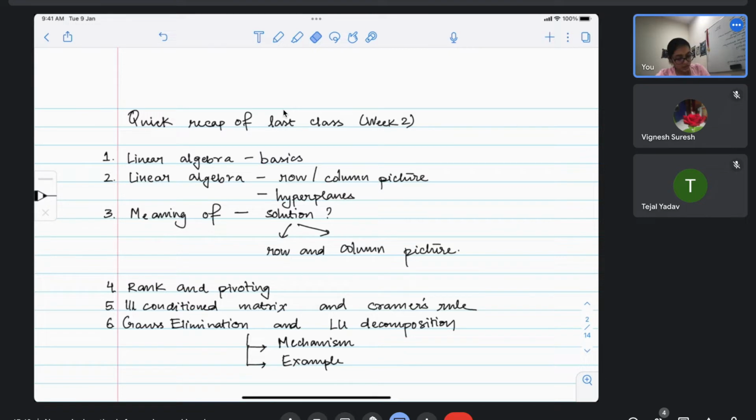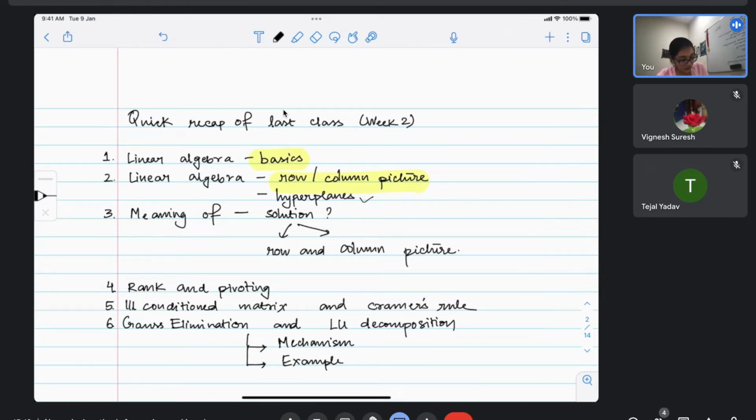So, in the previous class, we had gone through the linear algebra basics, and we also saw the row picture and the column picture, and we were introduced to the concept of hyperplanes. We also understood what is meant by finding the solution of a set of equations.